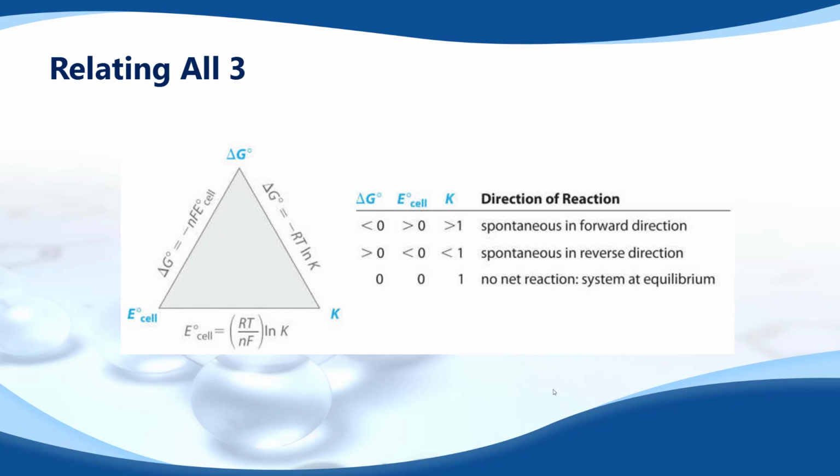Non-spontaneous reactions have a positive delta G, a negative cell potential, and a K value that's less than 1, while at equilibrium, delta G and the cell potential are both 0, which is why when a battery reaches equilibrium, by the way, it dies, because E is equal to 0 and K is equal to 1.